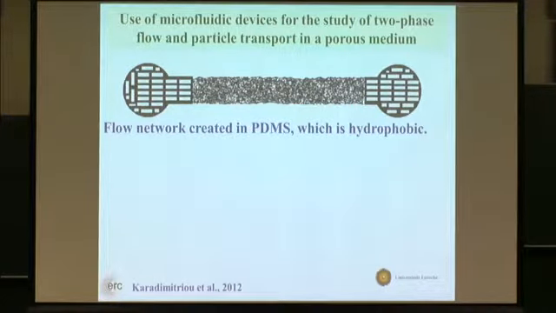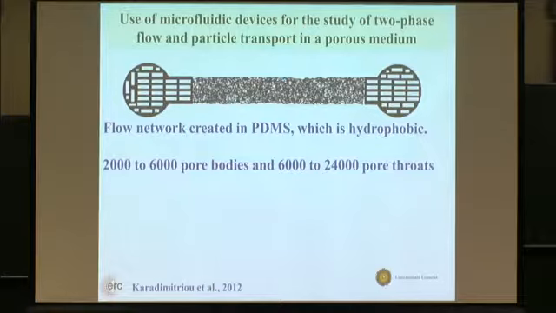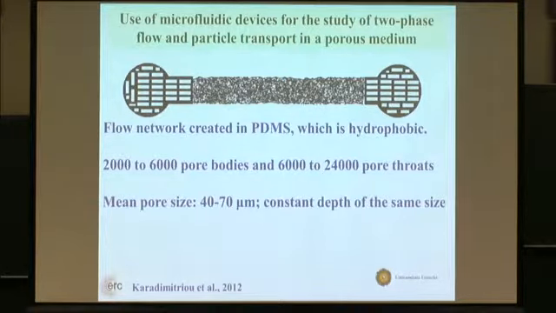Then we put these reservoirs on the two sides, so we can inject fluids into this, and we can look into this under a microscope or using cameras. As I said, there are thousands of pores in here, bigger pores and smaller pores. The average sizes could be 40, 50, 60, and 70. We make different devices, and the depth is usually the same as the mean pore size.